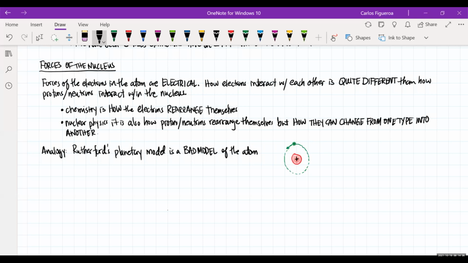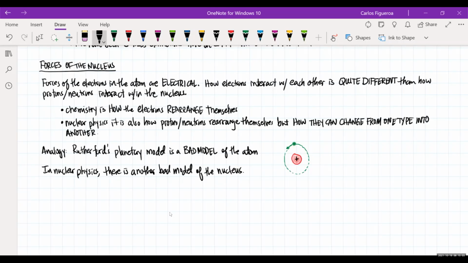In a very analogous way, in nuclear physics, there is another bad model of the nucleus.